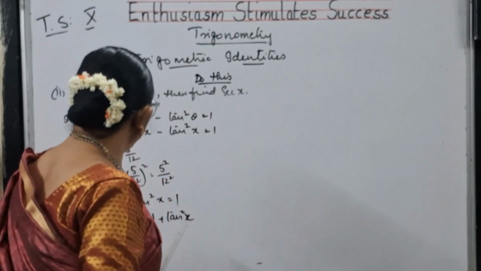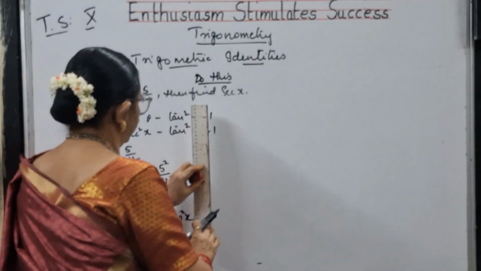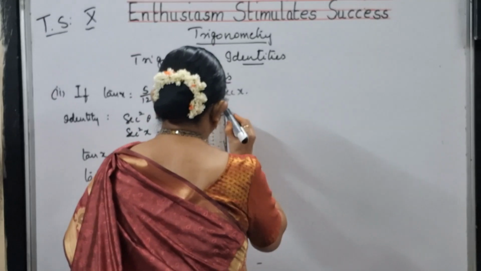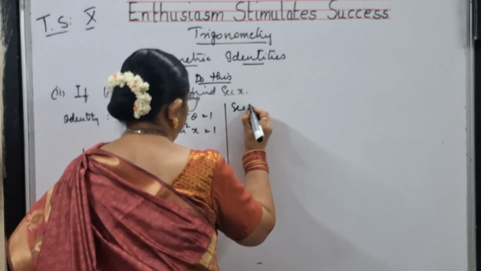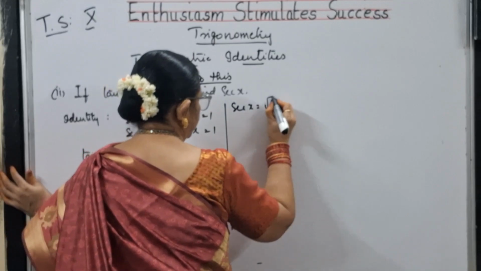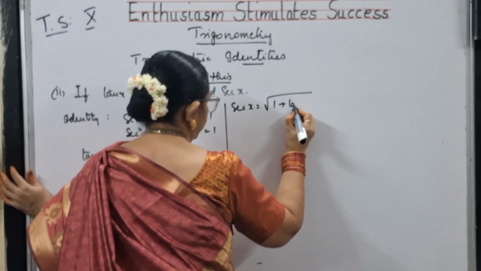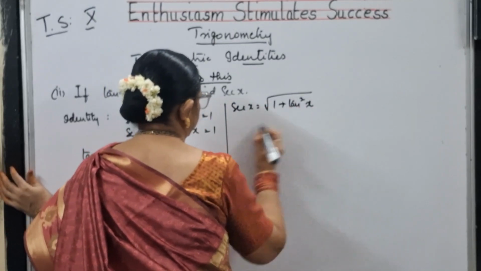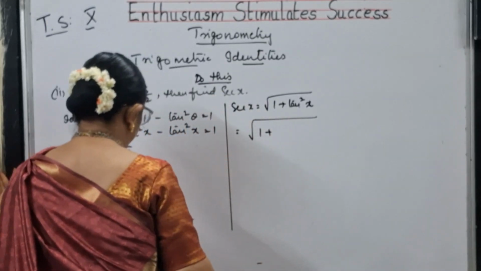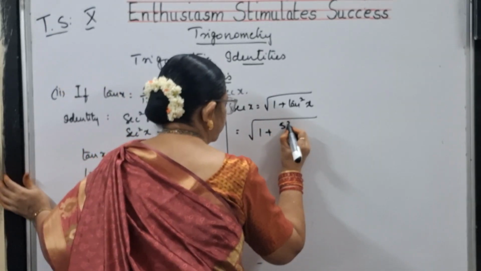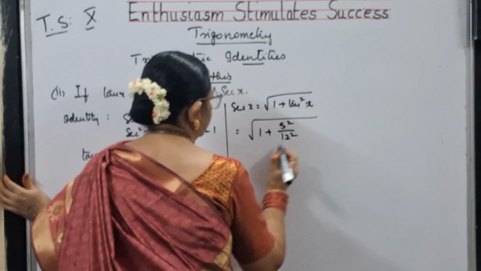We need secant x, so let us proceed with it. Secant x is equal to root of 1 plus tan square x, that is root of 1 plus 5 square by 12 square.